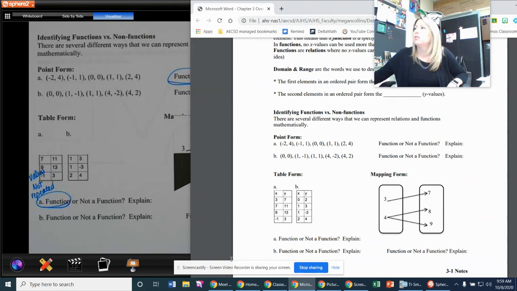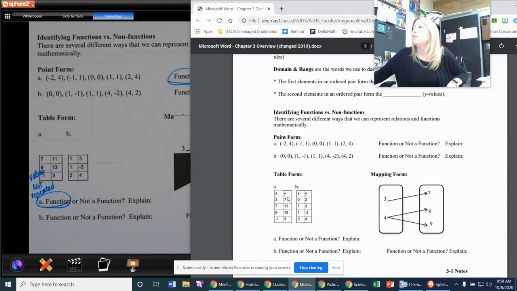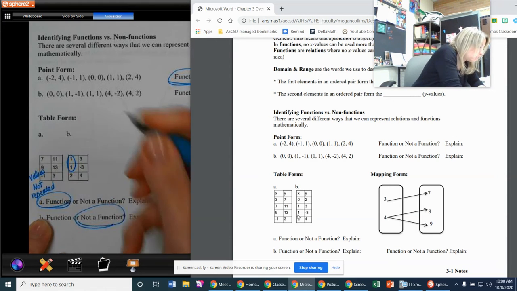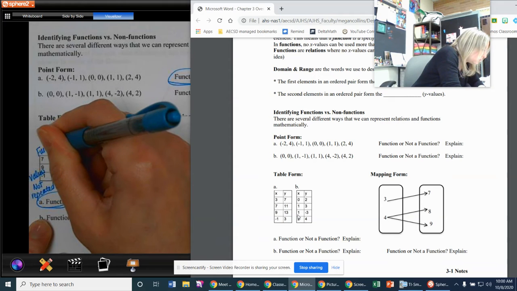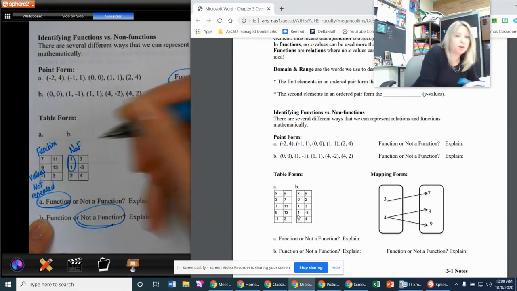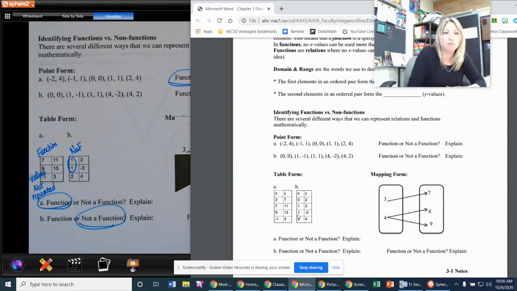Now over here. So this one is this table right here that of course got cut off, but at least you can see on your paper that X values were repeated. So right here, this is not a function. So this is a function. This is not a function. So I wrote NAF, right? Not a function.